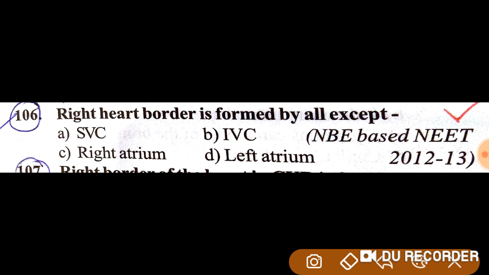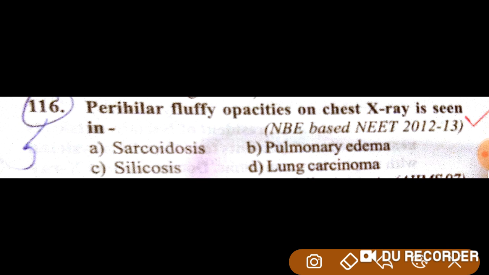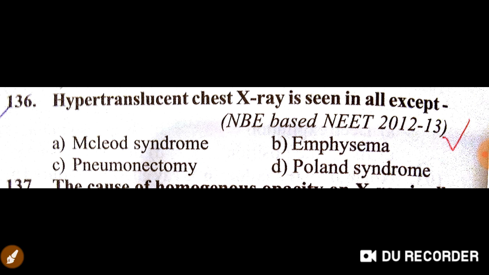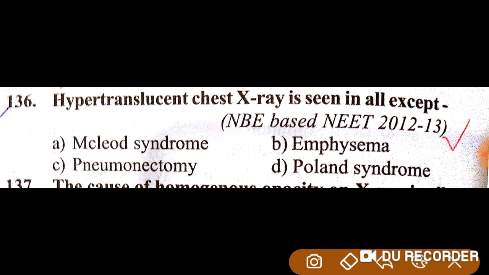Right heart border is formed by all except: superior and inferior vena cava, yes. It drains into the right atrium, and forms the right border, but the left atrium does not form the right border. Perihilar fluffy opacities on chest x-ray are seen in pulmonary edema. Now, hypertranslucent chest x-ray is seen in all except pneumonectomy.